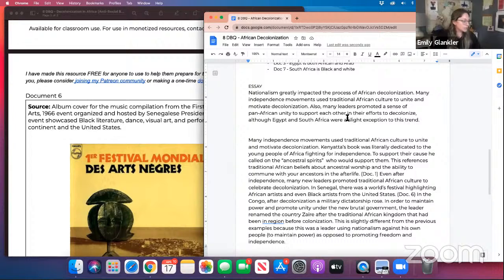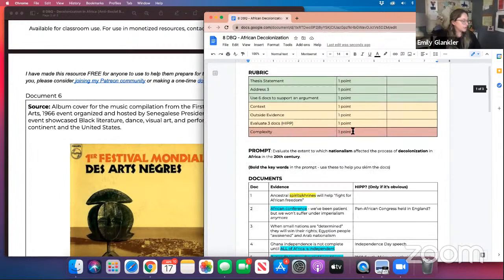Now, context means you go back to these keywords and you zoom out of one or more of these. So you could talk about nationalism and decolonization not in Africa in the 20th century. If we wanted to zoom out of Africa, we could talk about Gandhi.